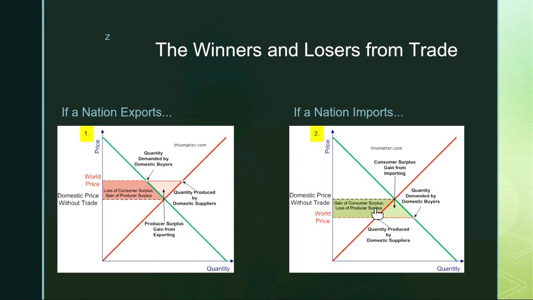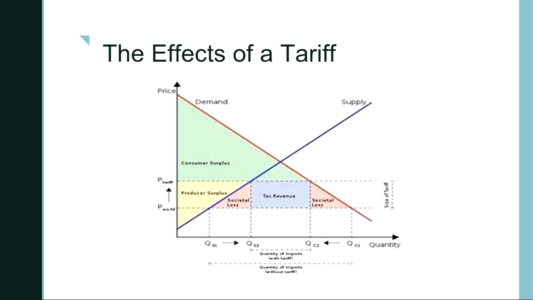Which gets picked up by consumers. If you push the price up of a good, technically producers could reclaim the surplus they've lost, right? And so that is one of the chief motivations for creating a tariff: by creating a tariff, producers are able to claw back some of the surplus and the revenues they've lost due to the country importing.